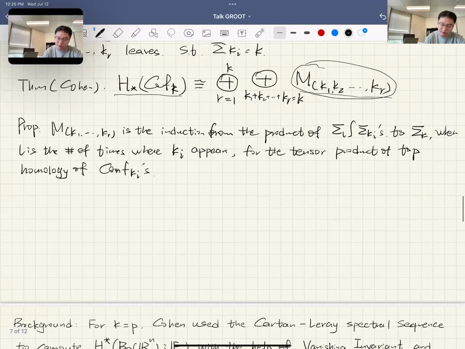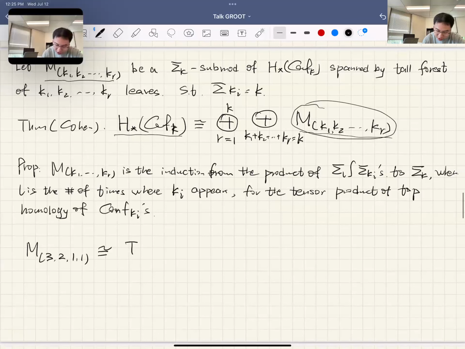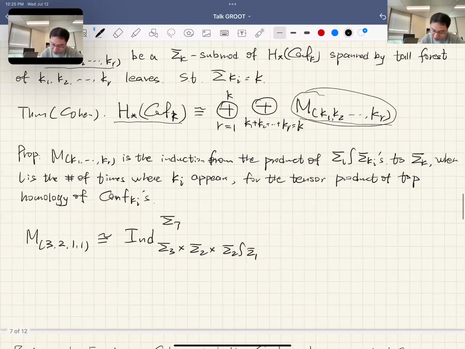Okay, so for our example here, this M sub 3 2 1 1 is actually isomorphic to the induction of sigma 3 times sigma 2 times sigma 2 wreath sigma 1 to sigma 7, for the tensor product of M3 times M2 times M1 twice.